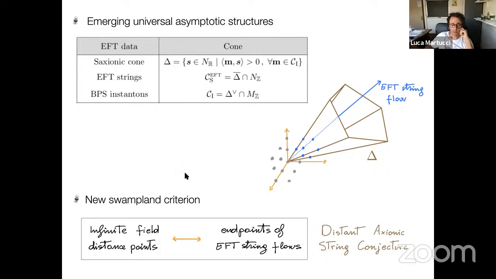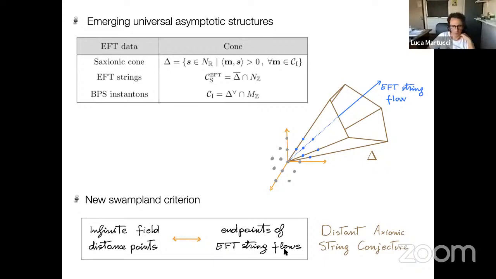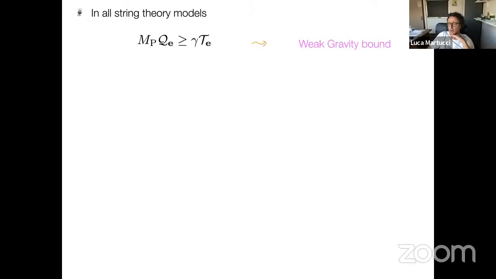And this observation can be rephrased in more physical terms as a new Swampland criterion that we proposed, this distant axionic string conjecture, which basically claims that any point at infinite distance in field space can be reached by following an EFT string flow. So it can be identified as the endpoint of an EFT string flow. So this is one of our main bottom lines.